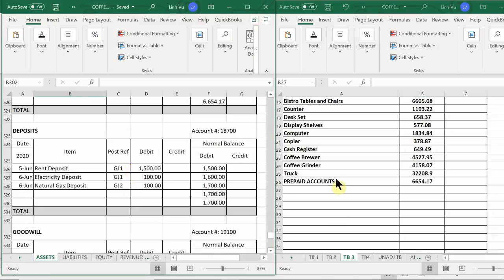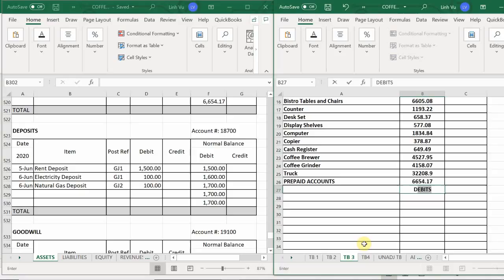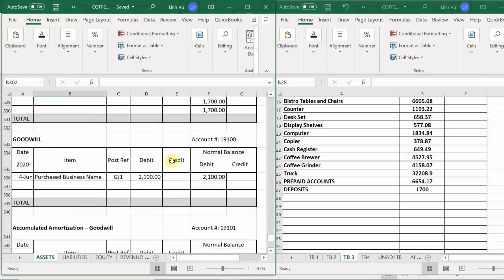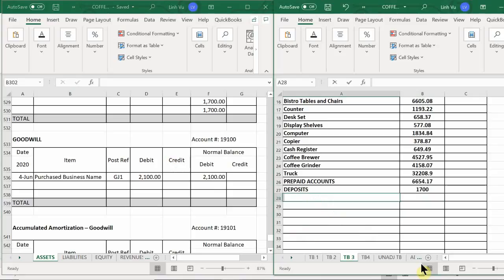We have our deposits, $1,700. Good. We have goodwill for 2,100.